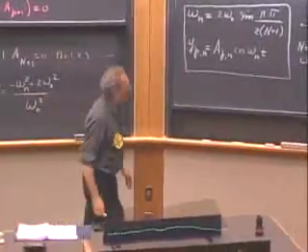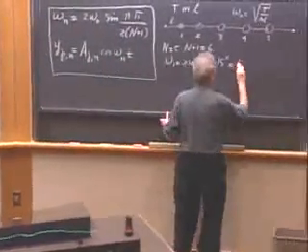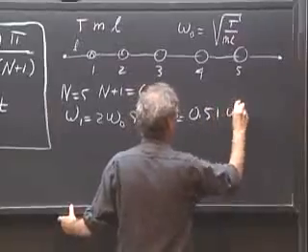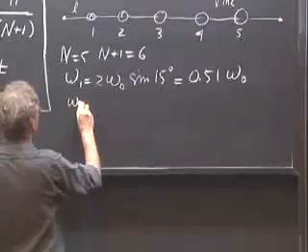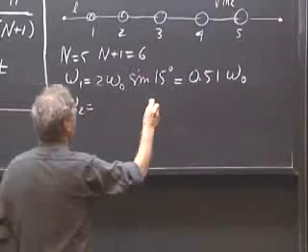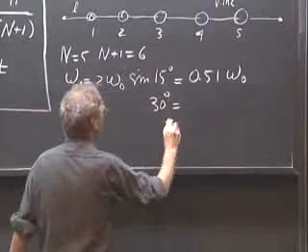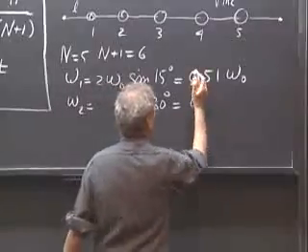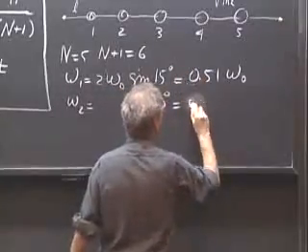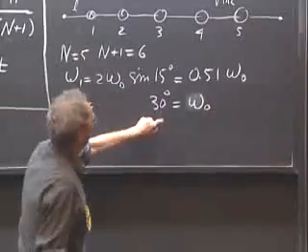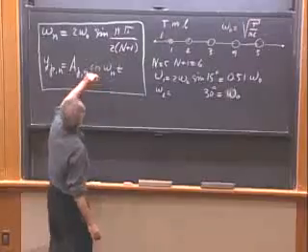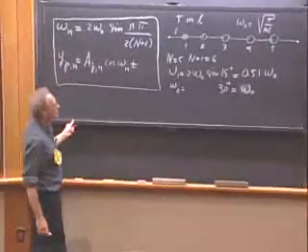And that is 0.51. I now go to omega 2, and I get the same thing, except I get 30 degrees. So I get 0.5, exactly omega 0. Right? Because the sine of 30 degrees is 1/2.